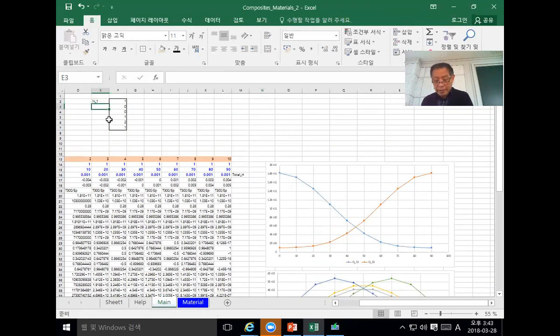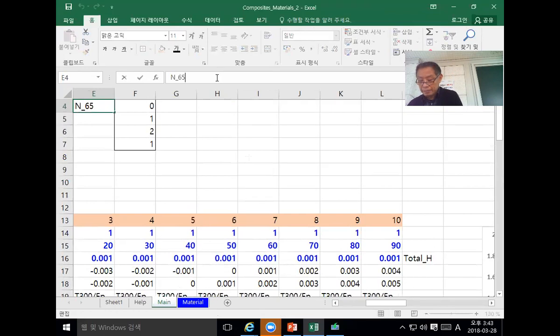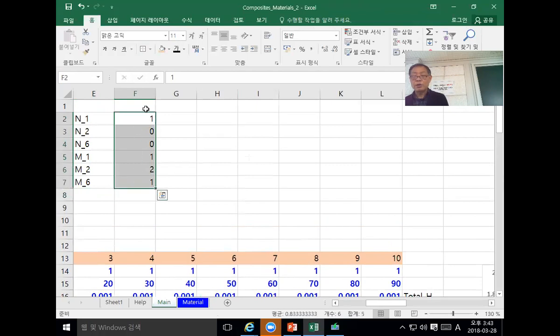N1 and N2, N6, and moment 1 and moment 2 and moment 6. That is the load we are applying, okay? So for the input, I will change it to a color, blue. Okay, this is the input. You specify how much load you apply in each direction.